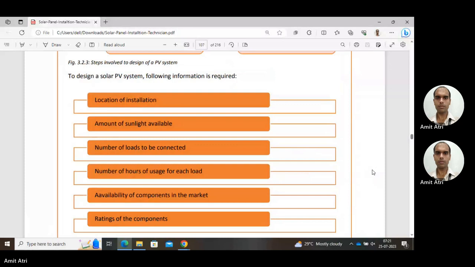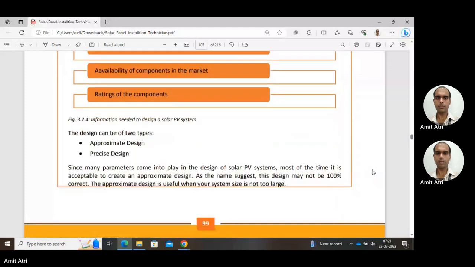So these are the steps of how we have to design our solar PV system. The design can be of two types. First of all, approximate design, and second is precise design. There are many factors, many parameters which affect the solar PV system.